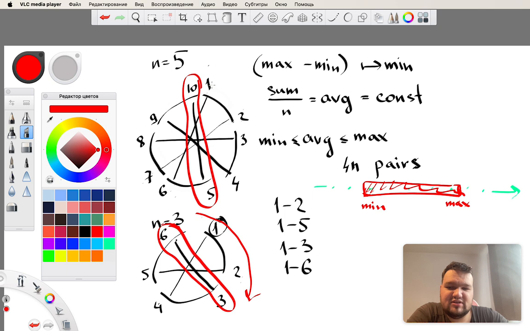So here I need to satisfy this pair. I know that I need to put it inside this segment. So do I have to swap them? Do I have to not swap them?